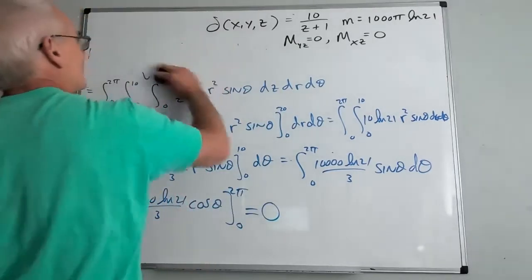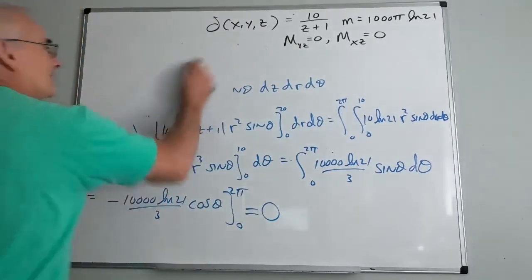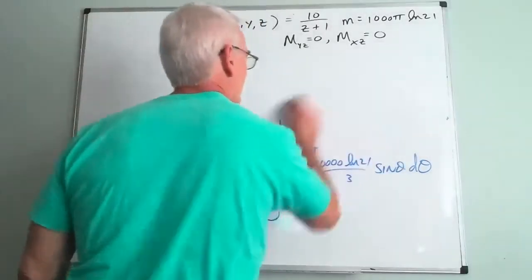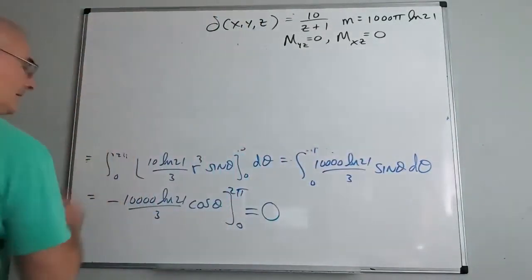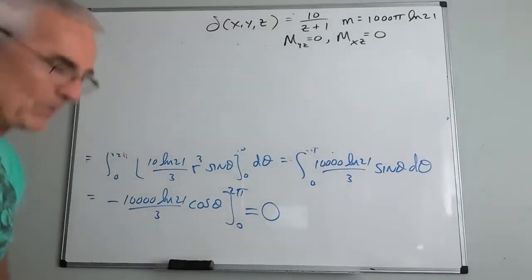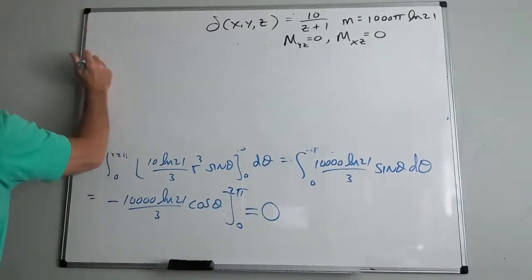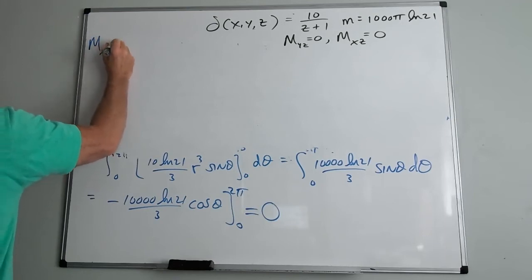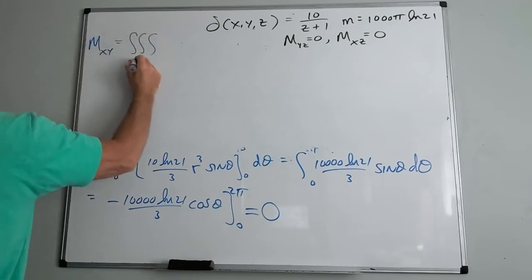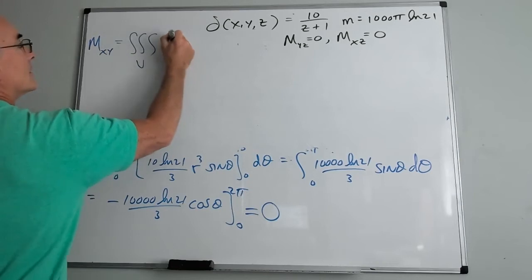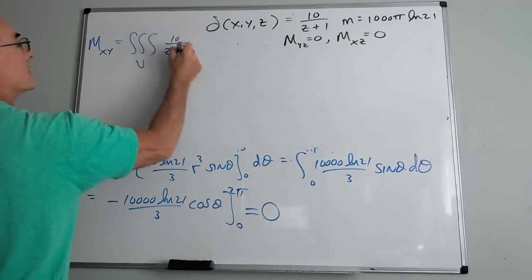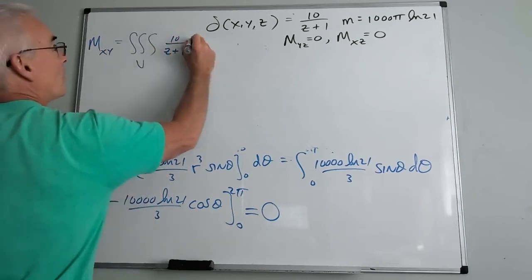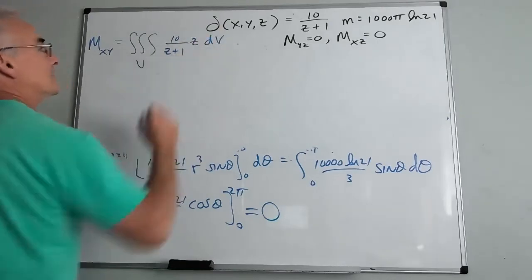All right, last round. Okay, now we want to do the moment to the xy, which of course involves the z distance. So that, as you all know, is going to be z dv.